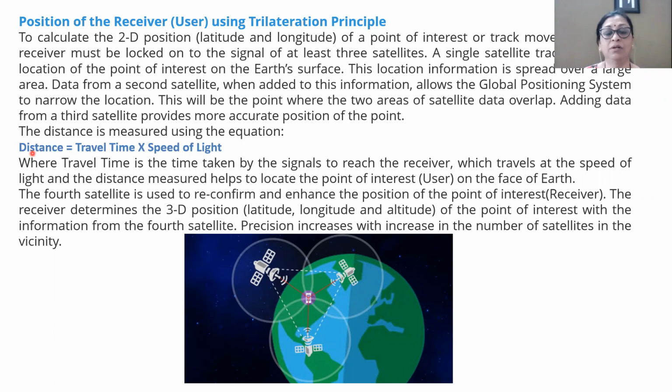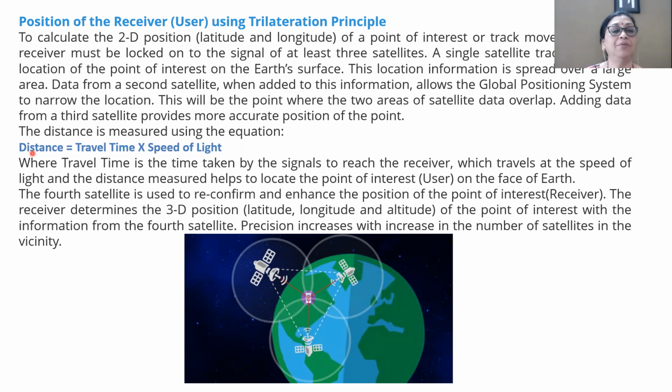As I told you, satellites transmit the signal to the ground station, and the ground station sends the signal back to the satellite, and with the help of these two, the receiver is going to work. It is going to transmit and receive the signal, and the time required to transmit and receive the signal is calculated by the system. So once you know the travel time, you can find the distance between the satellite and the point of interest.